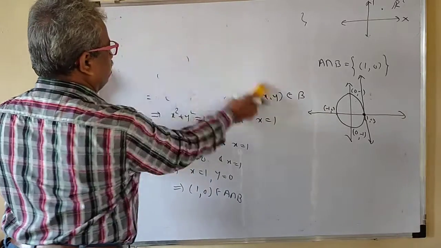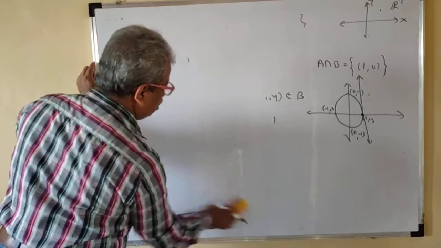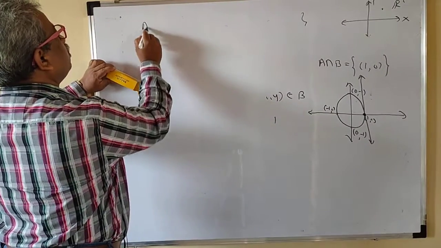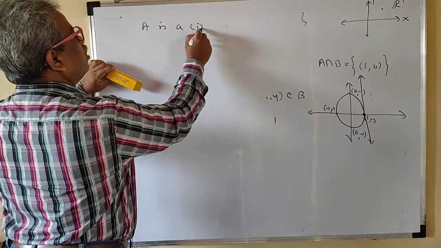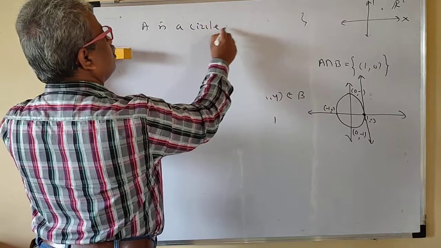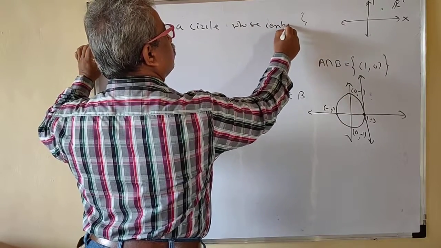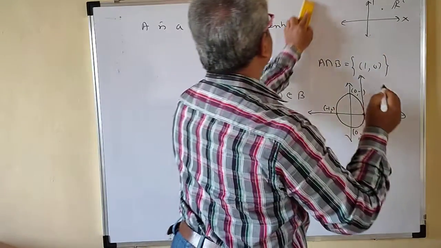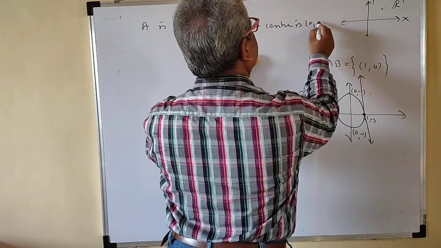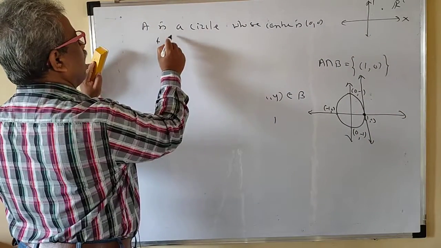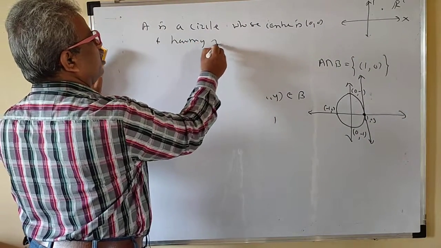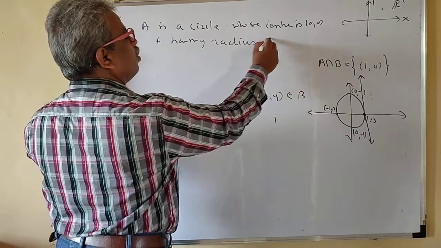A is a circle whose center is (0, 0) and having radius 1.